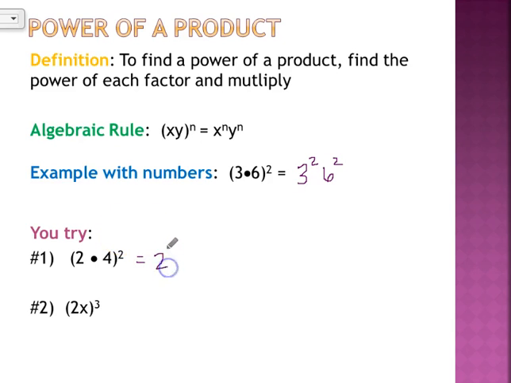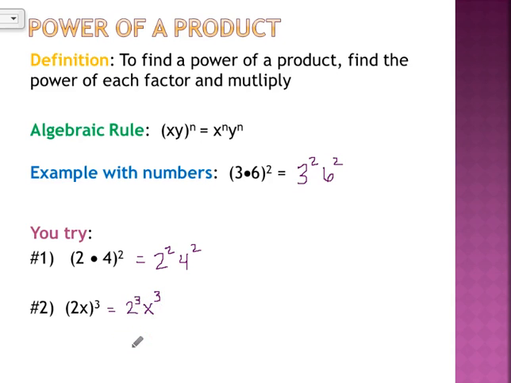So we would have 2 squared times 4 squared. Go ahead and try number 2 on your own. You've got two numbers in parentheses with an exponent, so you're going to take each number and apply that exponent. So when you do that, go ahead and try that. You should have 2 cubed and x cubed.